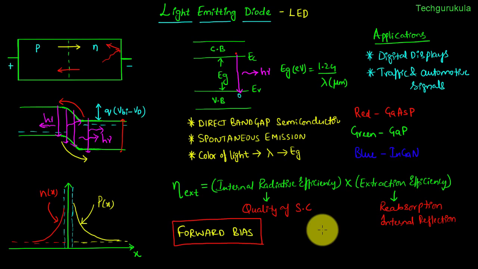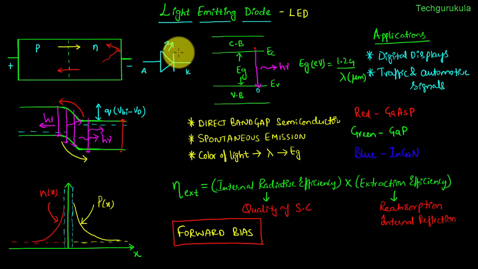A point to remember is that an LED should be forward biased to emit light. This is how a light emitting diode's symbol looks, where this is the anode and cathode. The symbol looks exactly the same as a normal p-n junction diode, except that we have two arrows here, indicating that this diode is capable of emitting light.